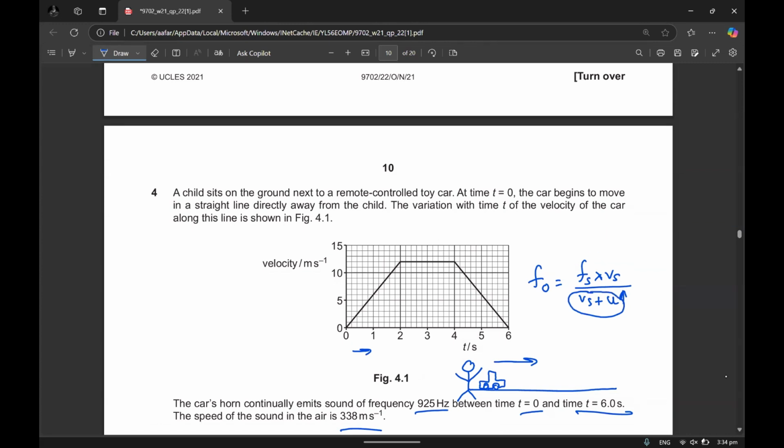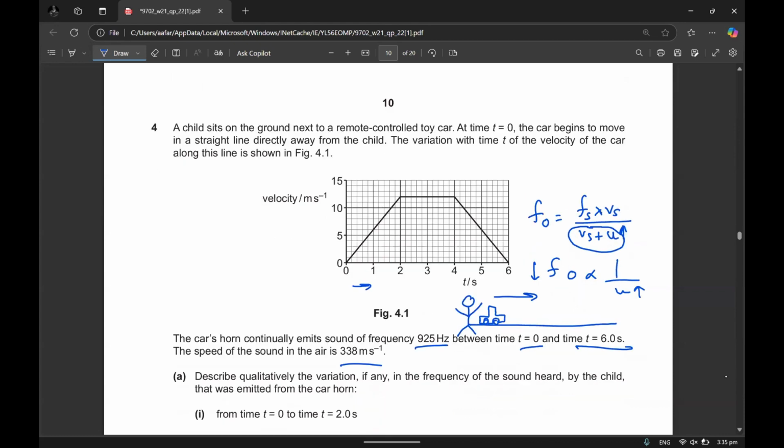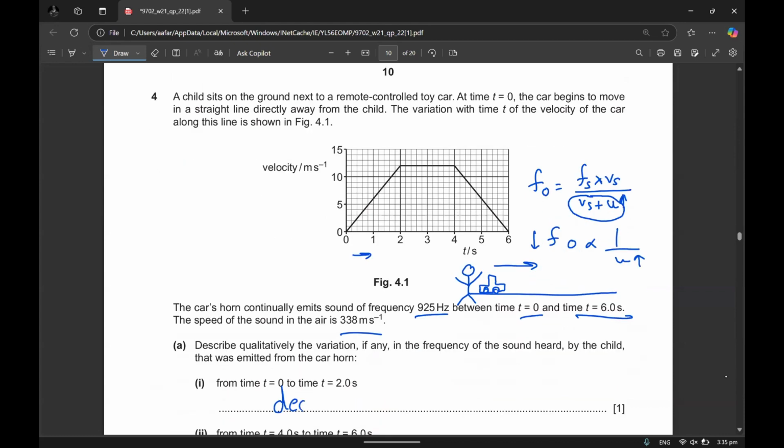Since the source frequency and the speed of sound are constant, we can say that the observed frequency is inversely proportional to the speed of the car. So if the speed of the car is increasing from t equals 0, then the observed frequency will be decreasing. So observed frequency decreases.